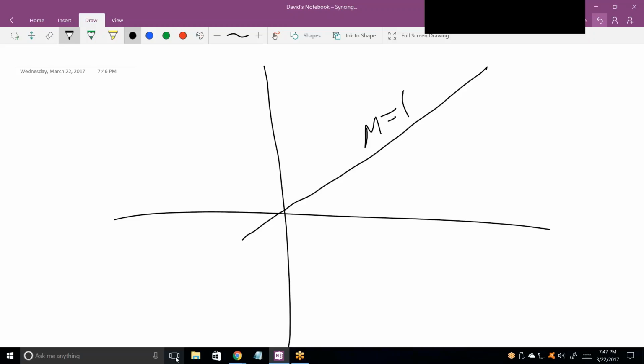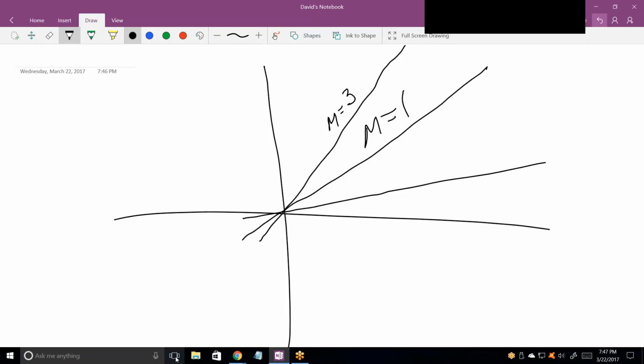Okay? If you have a higher slope, it is steeper. Slope of that might be 3. If you have a flatter slope, slope of that might be 1/2. All 3 of those are positive slopes.